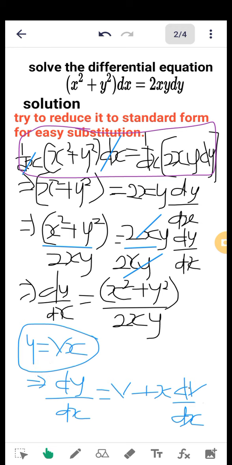We hold v constant and differentiate x, and because v is a function of x, we have to attach the dv/dx term. So this is just an idea by the product rule to get this form.